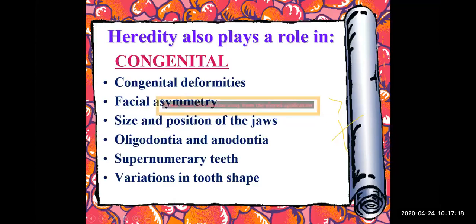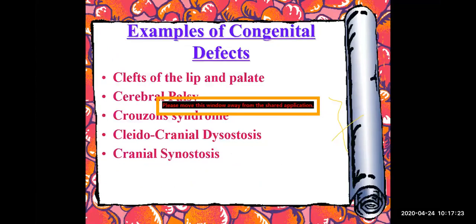Then you have the different syndromes. All these are the short questions you might find in some papers, oral medicine, oral surgery, wherever. These syndromes you'll have to remember, and you'll have questions on cleft lip and palate regarding classification or etiology.